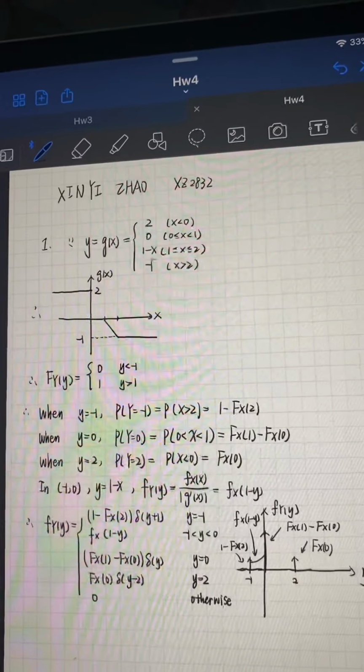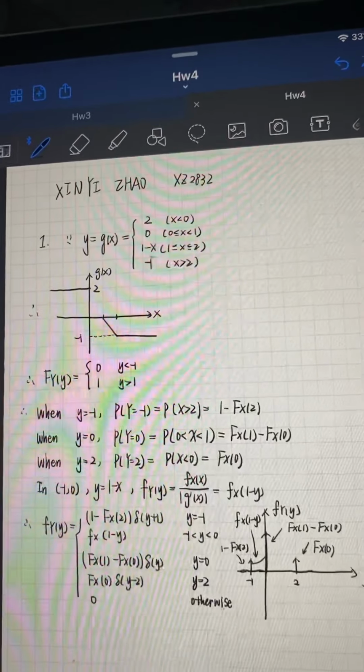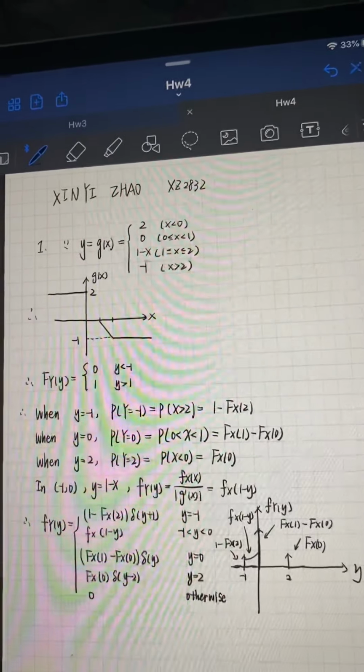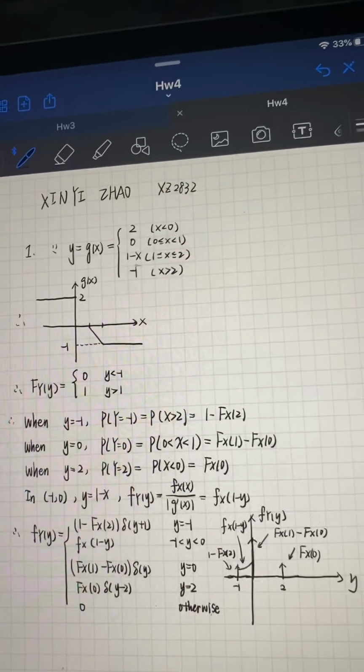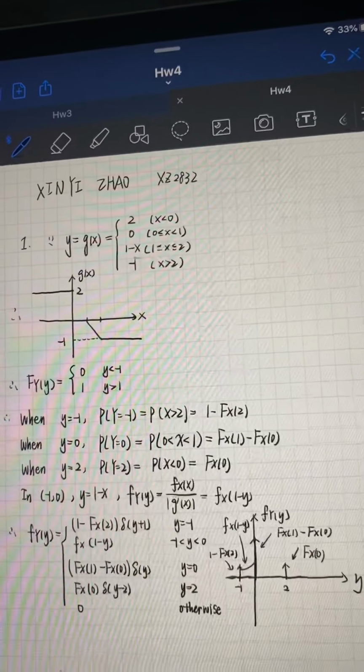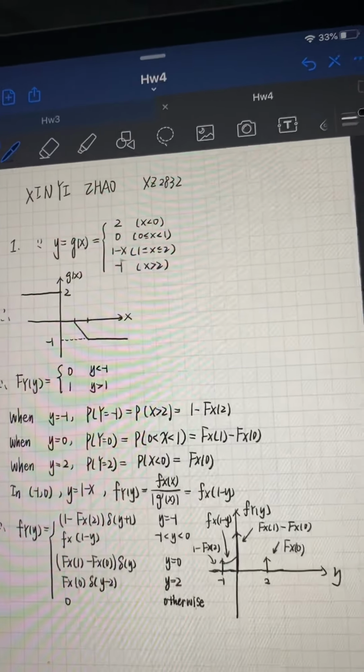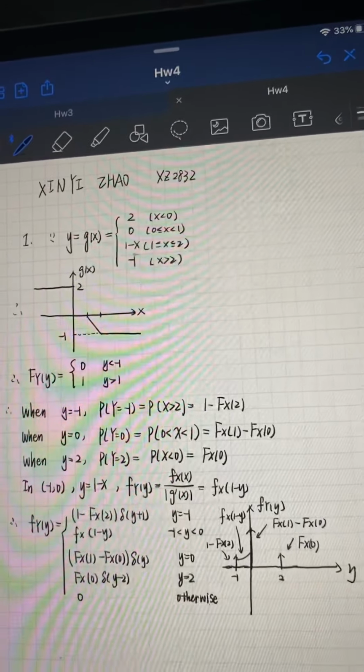And from the formula, we can also get that in the section from minus 1 to 0, y equals 1 minus x.